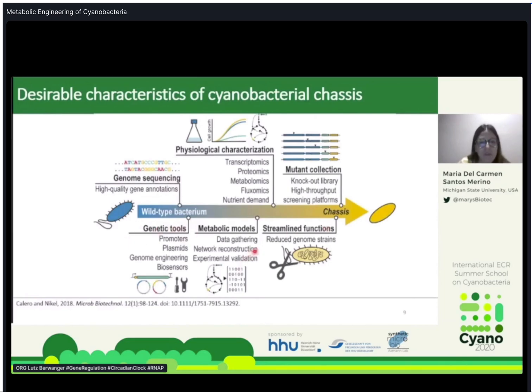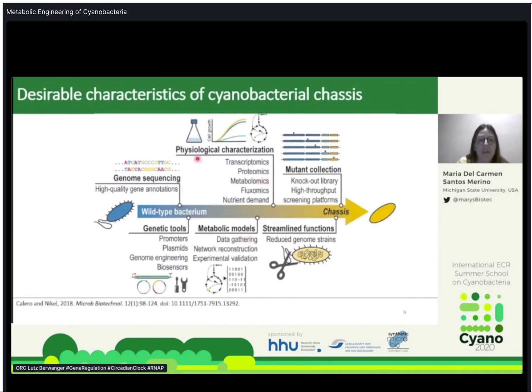Also it could be useful if we choose a cyanobacterium for which metabolic models have been developed, because we can use these metabolic models in silico to predict which genes we can overexpress, downregulate, or delete to increase the production of a specific compound.